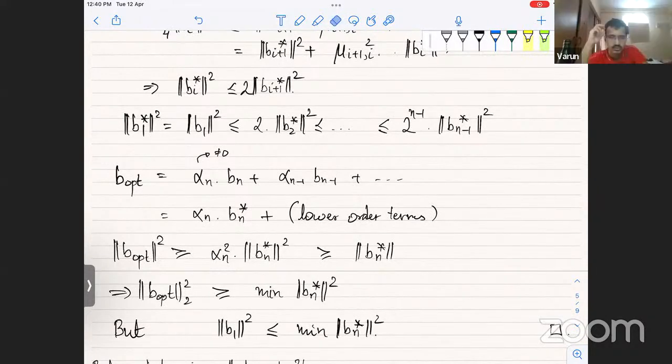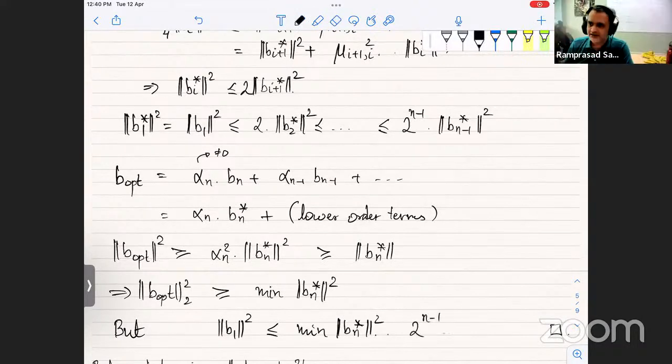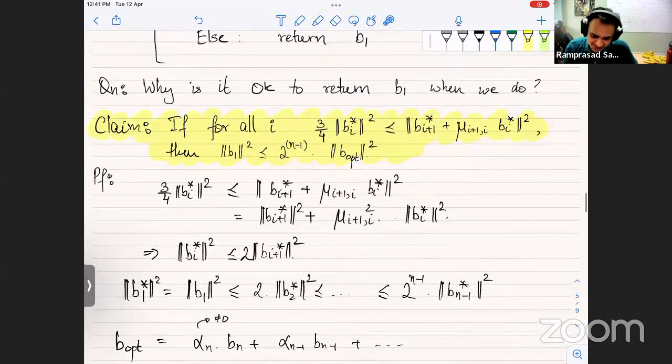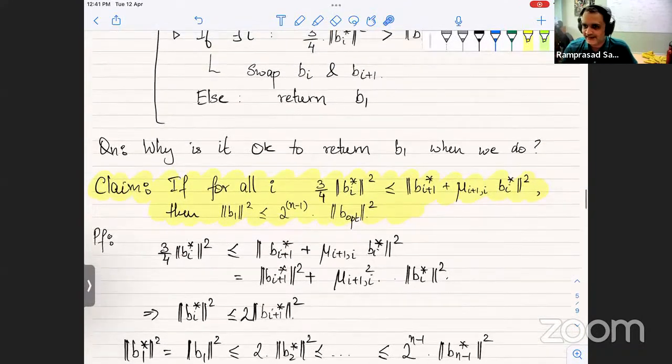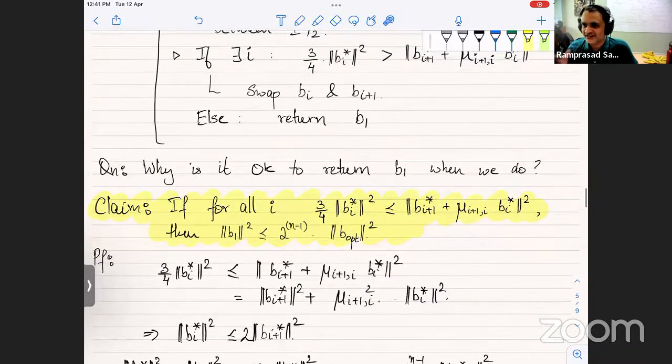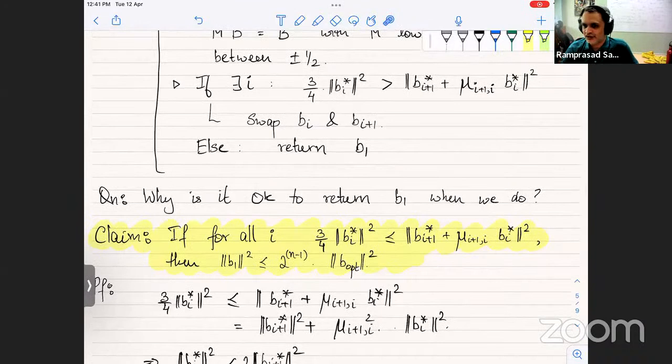I should have written 2 power n minus 1. b1 is certainly no more than 2 power n minus 1 times the smallest, and therefore I am certainly smaller than 2 power n minus 1 times the optimal. And that would at least tell us that when the algorithm decides to output something, it's outputting the right thing, something that gives you the guarantee that you have.